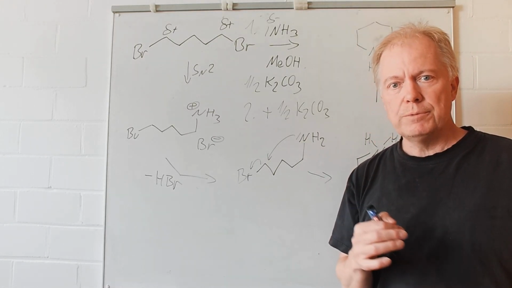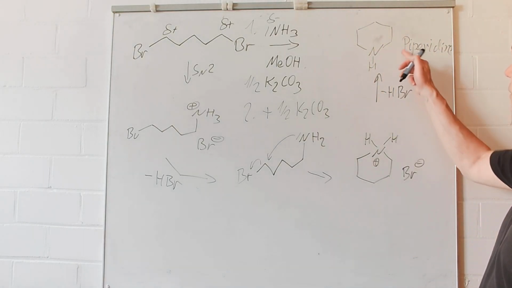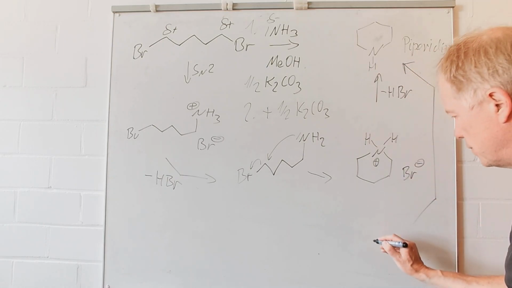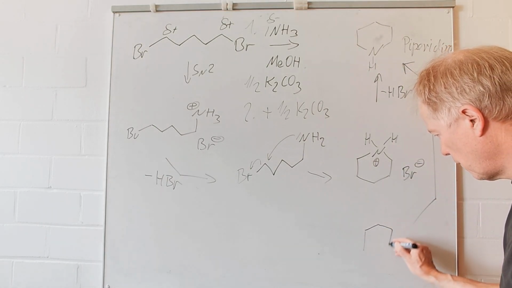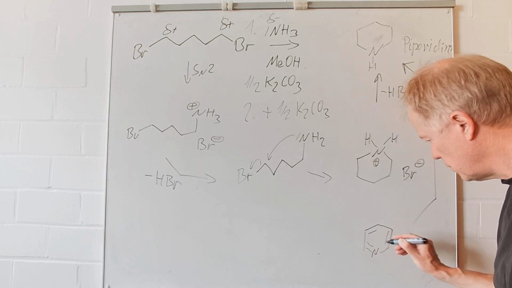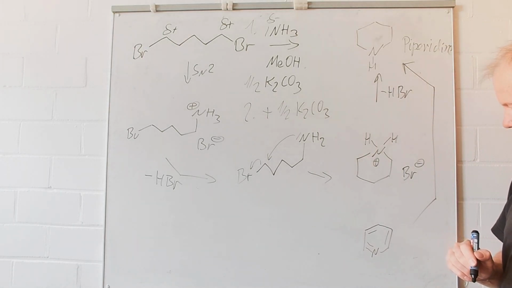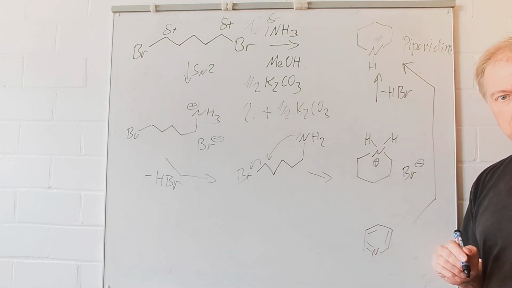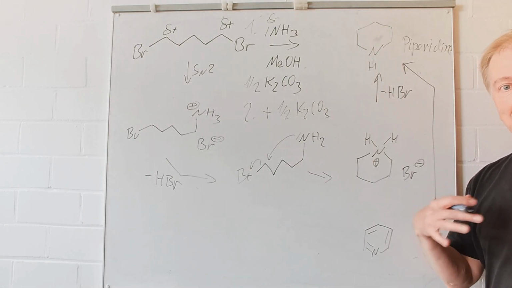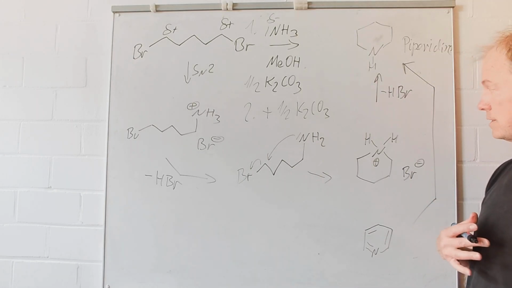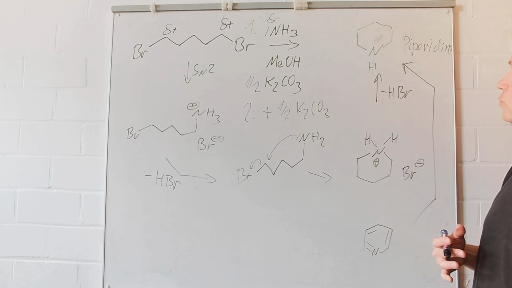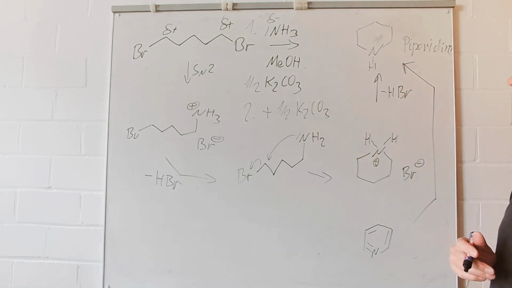There is a much cheaper way to synthesize piperidine, and generally this is done starting from the aromatic pyridine, just by reduction, for instance, with molecular hydrogen under high pressure and Raney nickel as catalyst. This is the appropriate way to synthesize piperidine on a large scale.